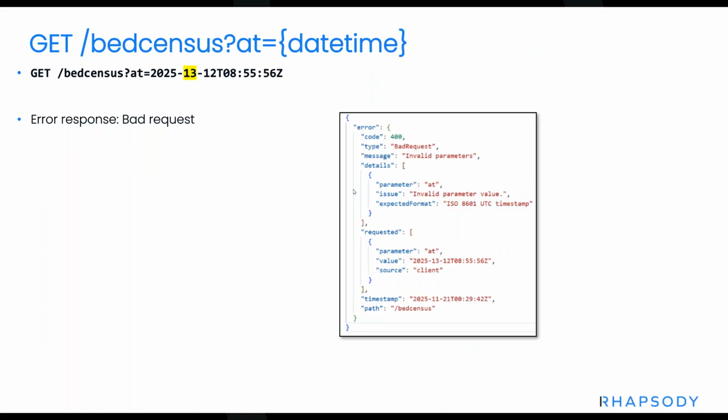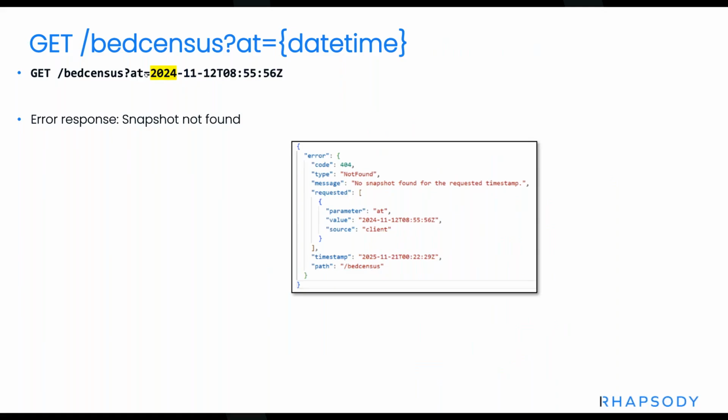Notice this error schema is going to be the same for all of our errors, but we won't populate all the fields for all the different error types. So this one has a detailed section with the parameter that was at fault here and what the issue was. We also still include the requested and a couple other items here, reflecting the call, the path, and the timestamp of the call.